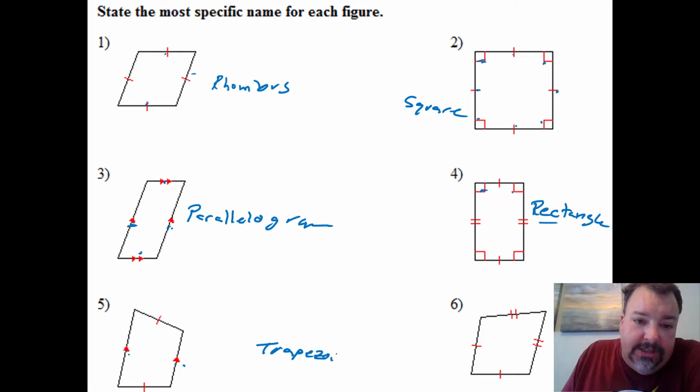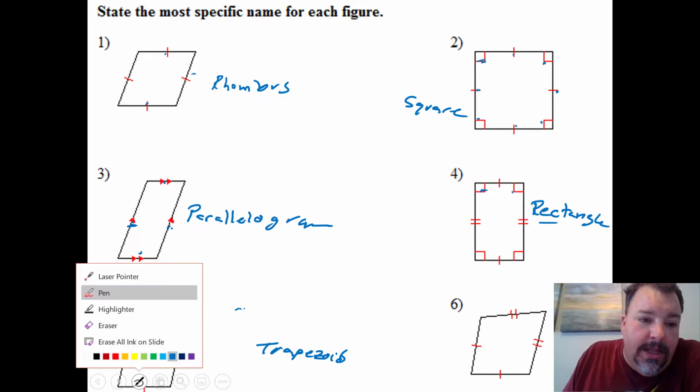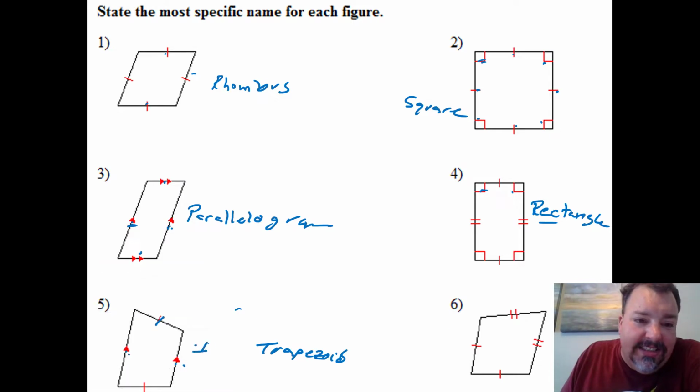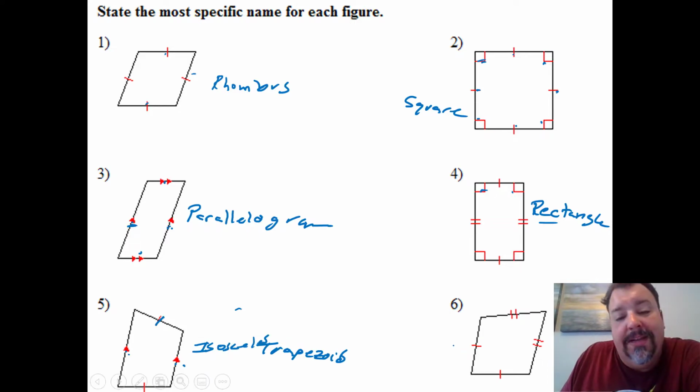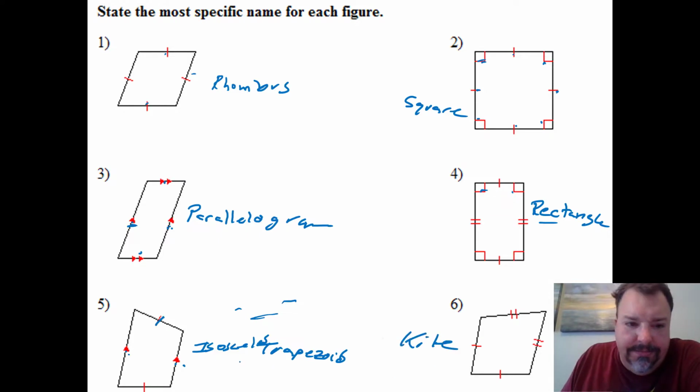But is it just a trapezoid? Well, it also has these 2 sides here that are congruent. So that means it's going to be an isosceles trapezoid. So we want to be as specific as possible. And the last one here is our example of a kite. So number 6 is a kite.